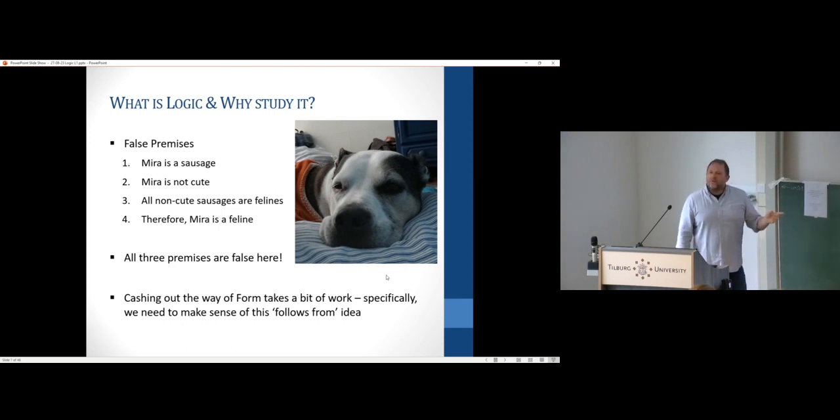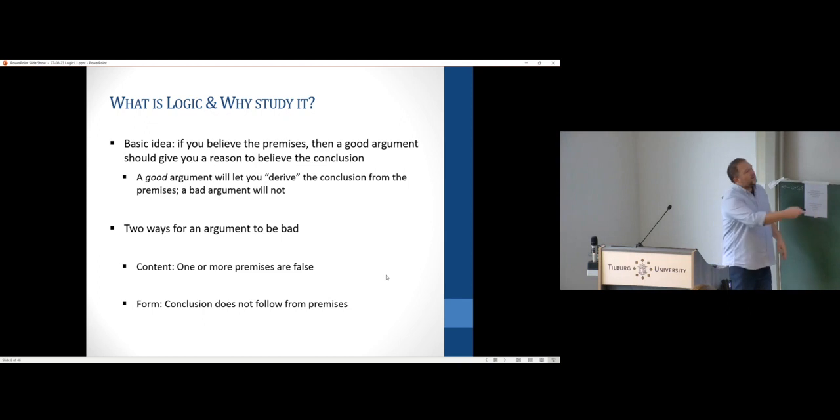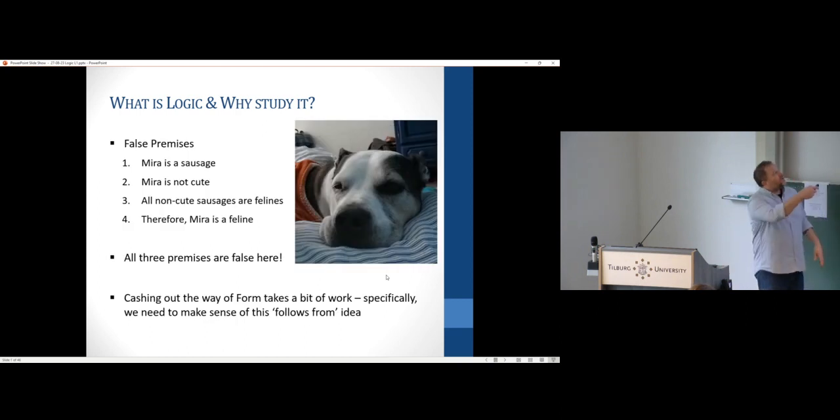Here's something weird though. It looks like this argument's good in the way of form. If 1, 2, and 3 were true, if you believed them, then you'd have reason to believe 4. That is, to go back a slide, the conclusion does seem to follow from the premises, even though there's a sense in which these ones let us down.